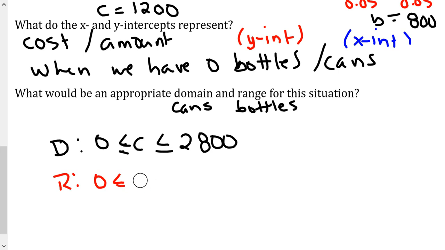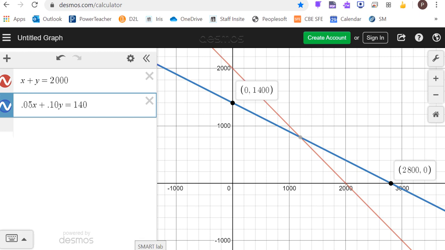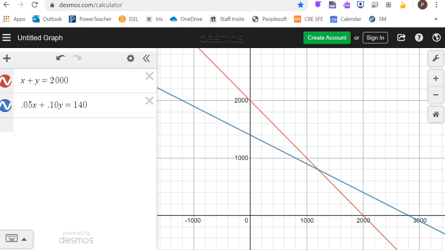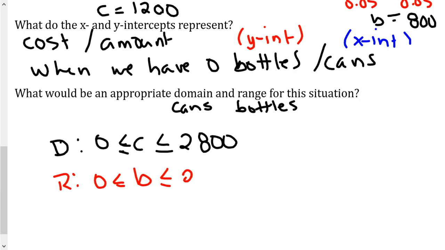I can't get any bottles when I go to the bottle depot. I can only turn them in. And then when we look here, we're looking at our range, our y values. And it looks like the highest value we get is 2,000. Again, the most bottles I could possibly turn in. So 2,000 is our upper end for bottles.